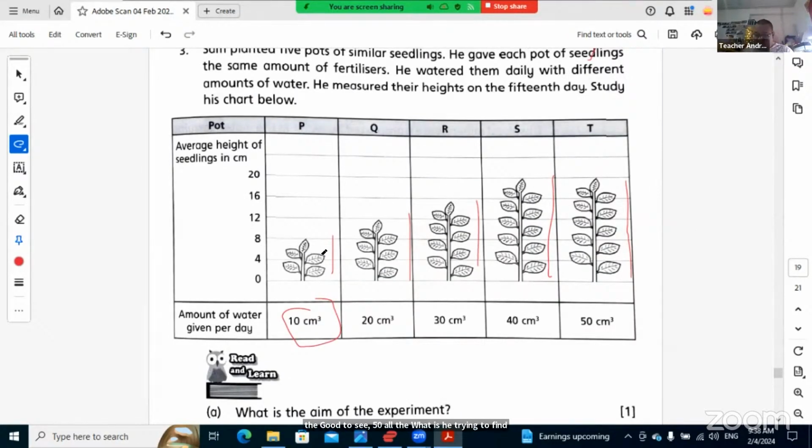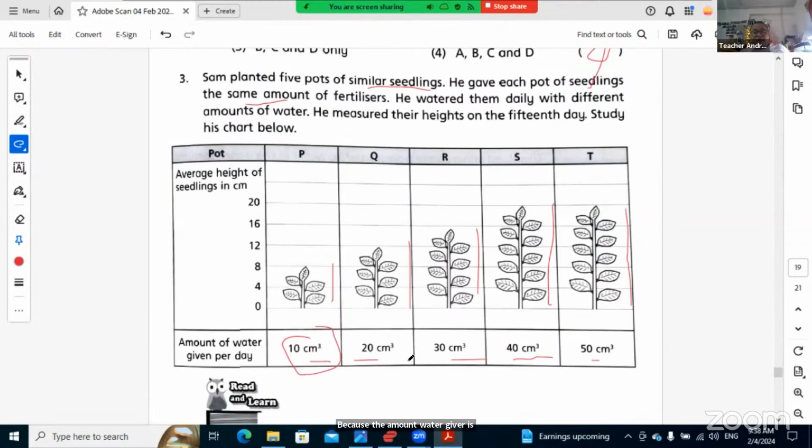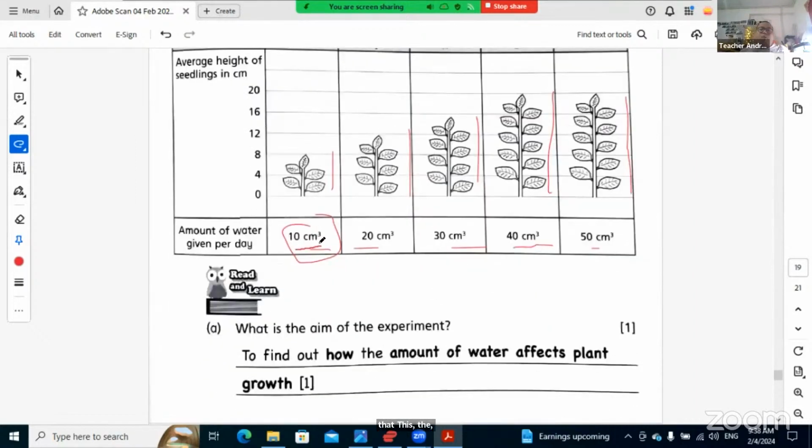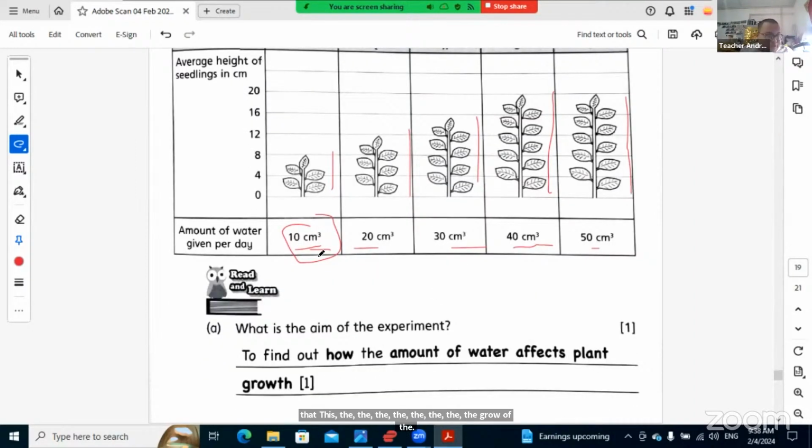To answer this question, we look at the difference in the graph. We have the same amount of fertilizer, we have the same seedling, but the water is different. Because the amount of water given is different, I can say that Sam is trying to see whether the water affects the growth of the plant. So to answer this question, we always look at what is different.